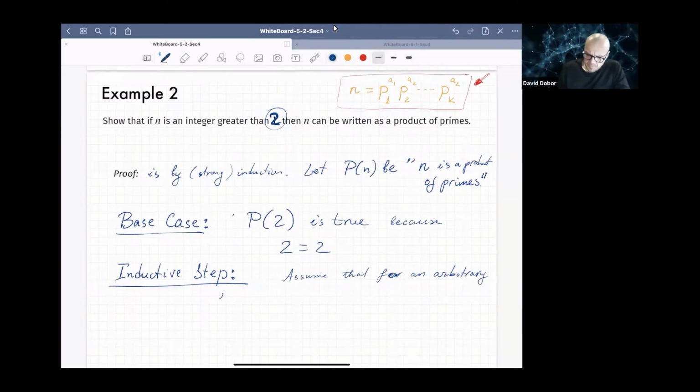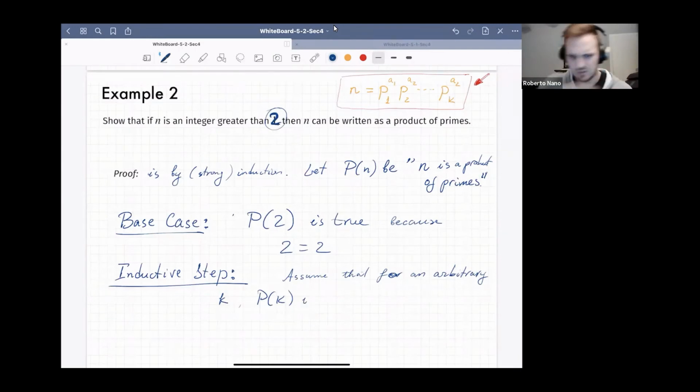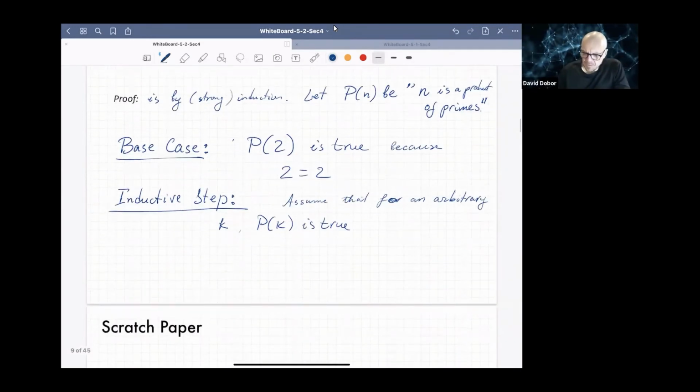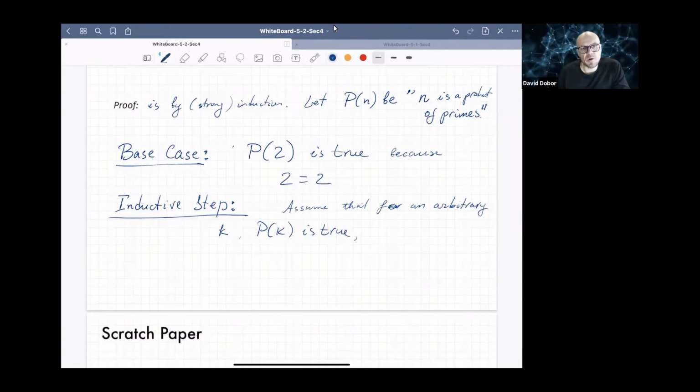Assume that for arbitrary k, P of k is true. So what would P of k be? Okay, now we'll be doing this by strong induction, but for a second, let's humor this idea. So suppose I'm trying to apply simple induction. I'm assuming that P of k is true, and I want to prove that P of k plus 1 is true. Now, the most important piece always in every proof, let's say this in words, not just P of k, but let's translate this into English.